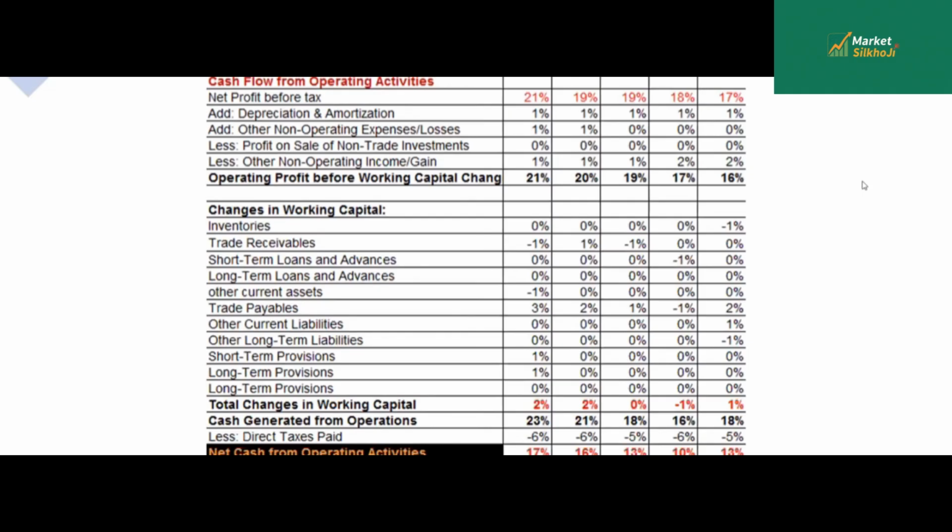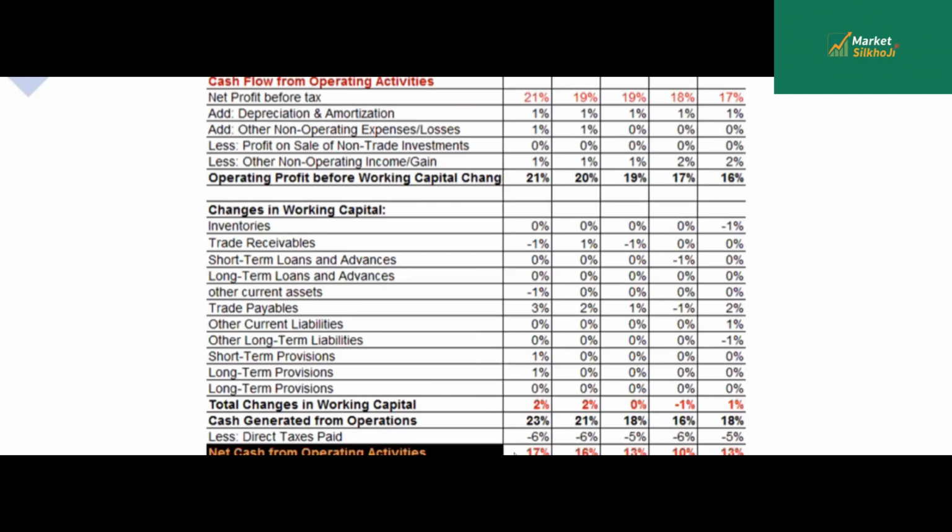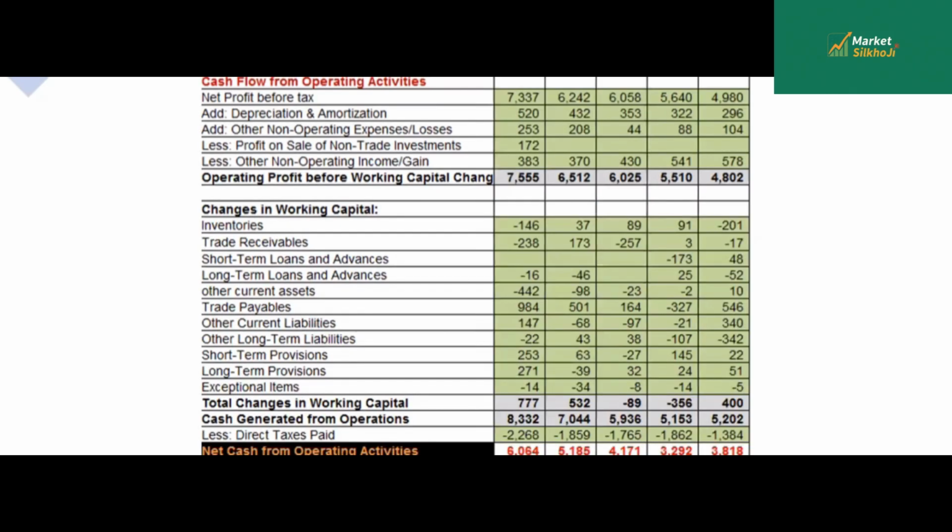There is one more thing, as you can see here, net cash from operating activities. Here the denominator is basically the sales. If you take 100% as revenues, for example, here you can see 6,000 crores. The company's sales is 35,500 crores.